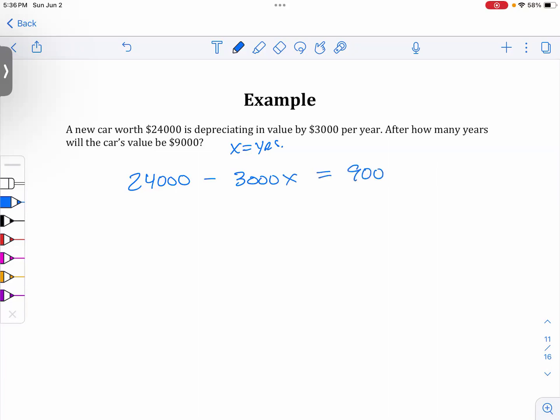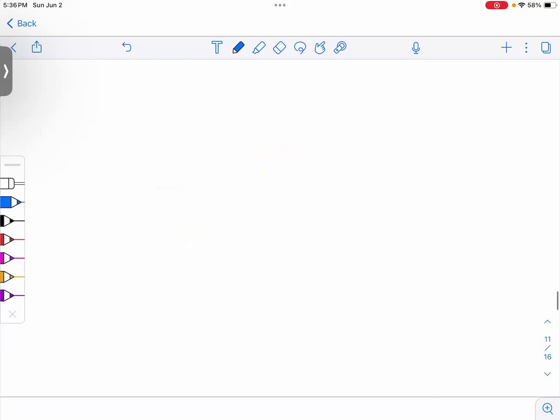And when does that equal 9,000? And again, this one actually is a pretty fast guess and check. I can actually see that that's 5 years, because I see 15,000 makes 9,000, right? And then 5 times 3,000 is 15,000. Again, coming up with whatever thought process you have, that's the important part.